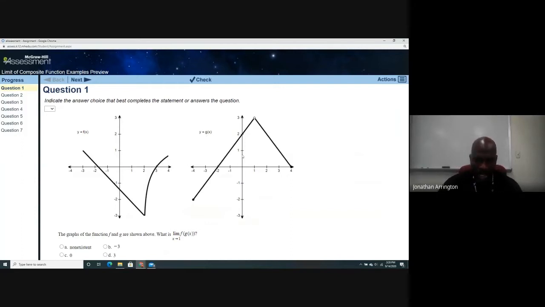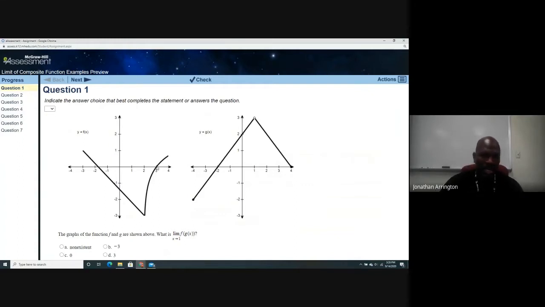So here's g. Let's find the limit of g as x goes to 1. I think it's clear to see that this limit is 3. Now let's see if the outside function f is continuous at 3. So here's x equals 3. Do you see a hole, a removable discontinuity?